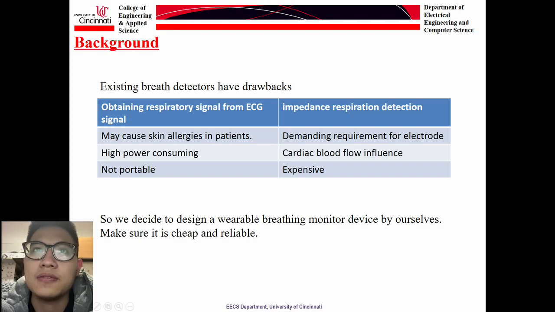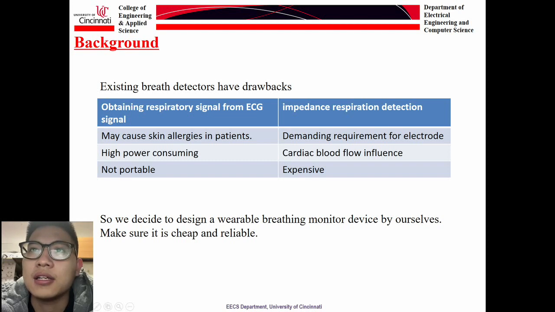The second method is called impedance respiration detection. It uses the relationship between respiratory impedance and lung volume to get the breathing pattern. It has demanding requirements for electrodes, so it is really expensive.